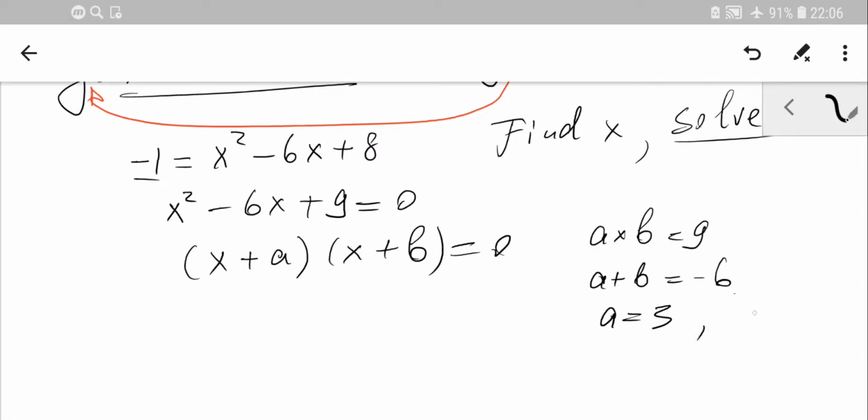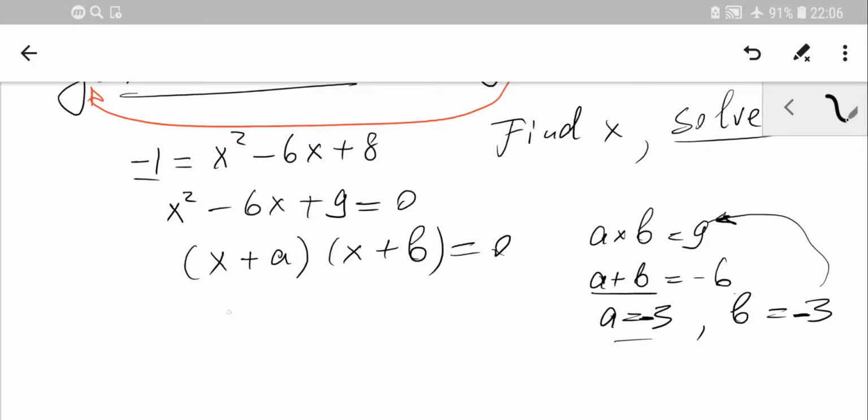is going to be 3, b is going to be 3, but because we need to add up to -6, we put both minuses, because multiplication will be fair, still fair, because -3 times -3 will get 9, while adding will get -6.